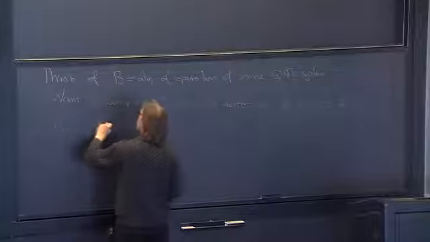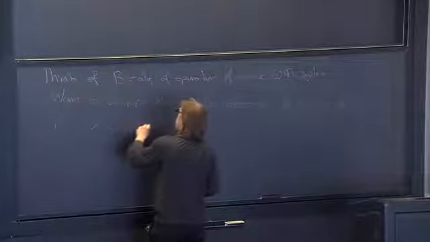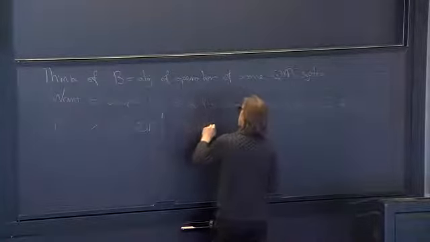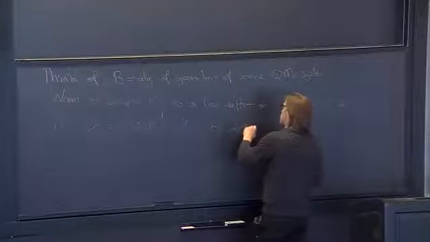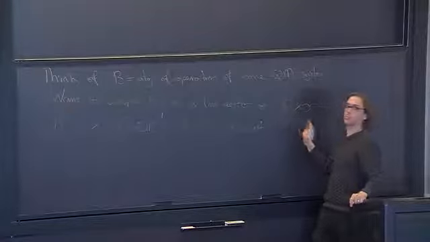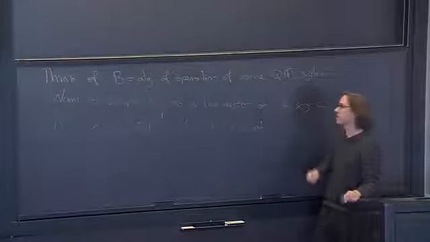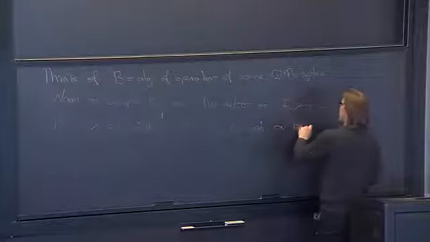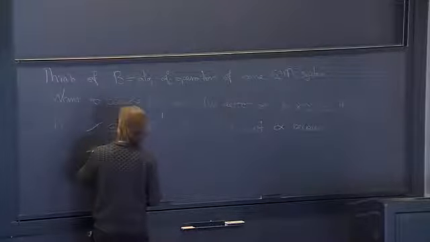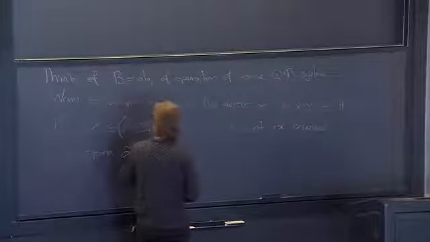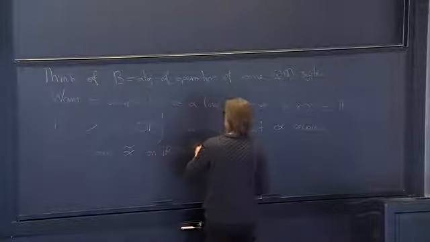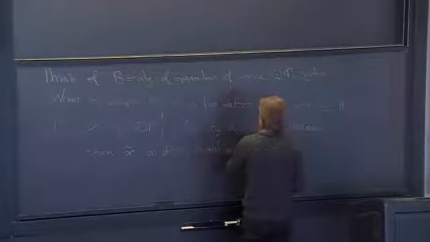If I take some alpha in A tensor B of degree 1, then this is a local operator of ghost number 1. I'm in a theory with a topological direction, so I can descend it to a 1-form, alpha tilde, on R times x, valued in operators of the coupled system.